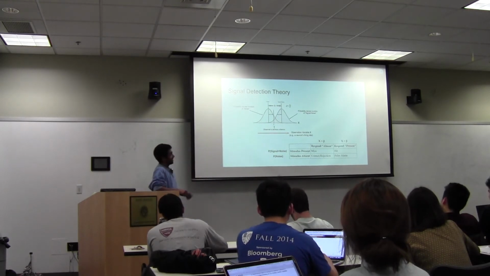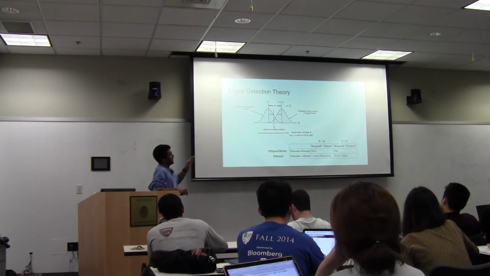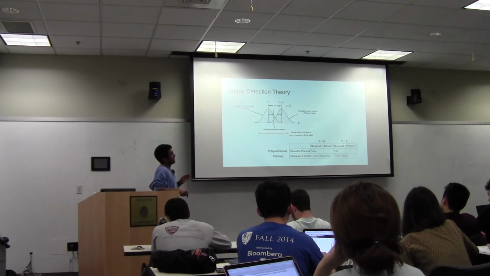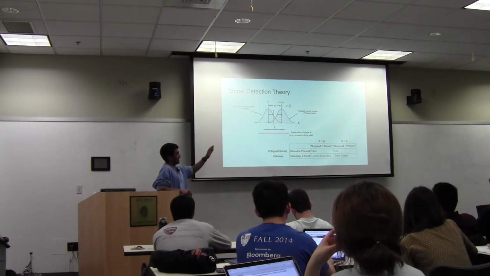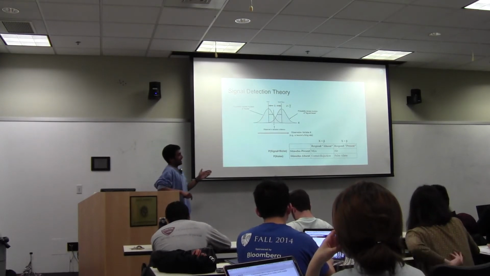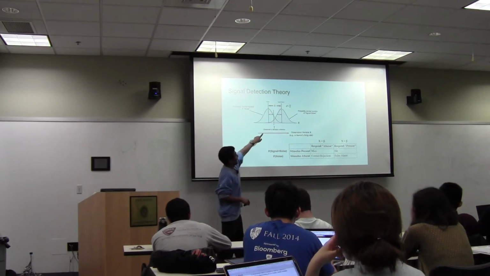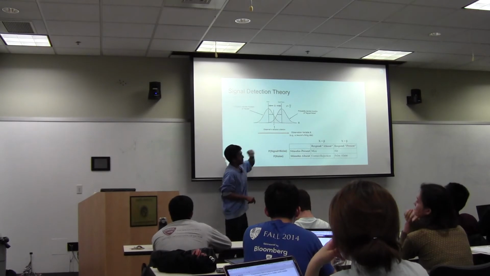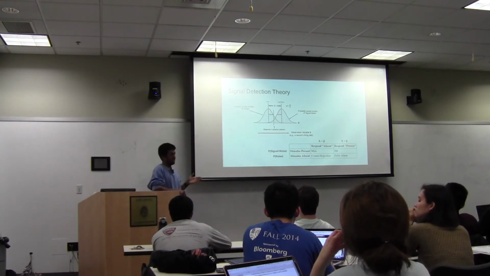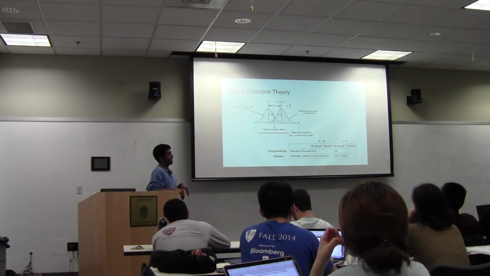And the reason why is, if there is no signal and there's just noise, but every time you have something that's above beta, you say that the stimulus is present, that means that if it's drawn from this noise distribution that's above beta, then you'll falsely say that the signal is there even though it's not there.